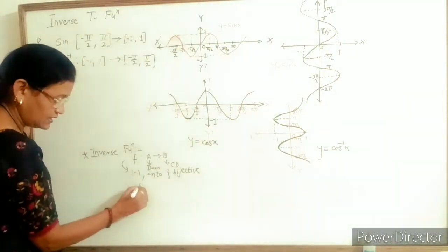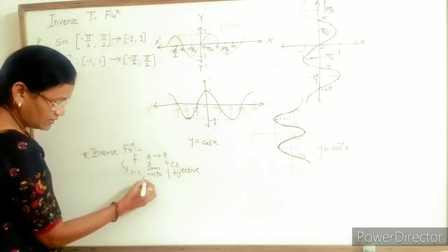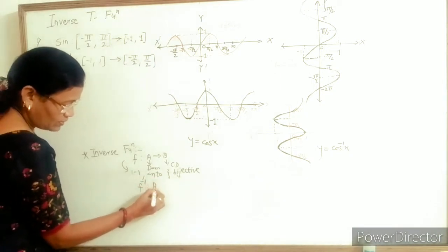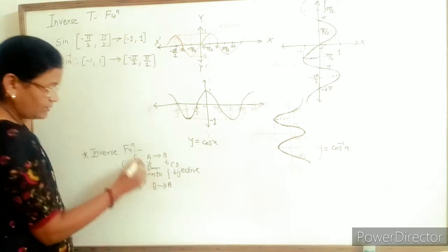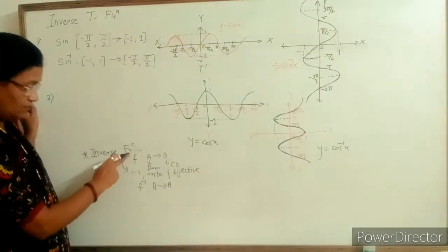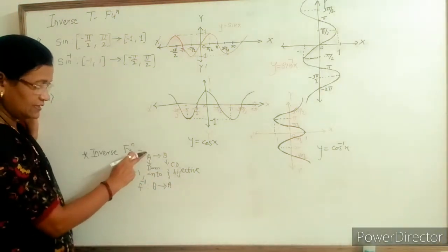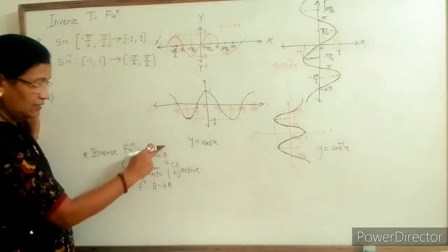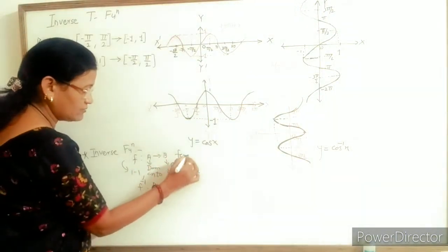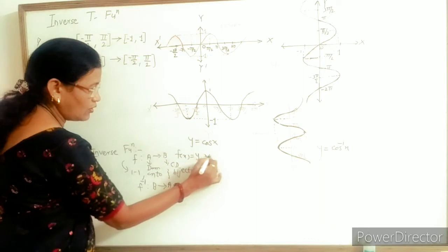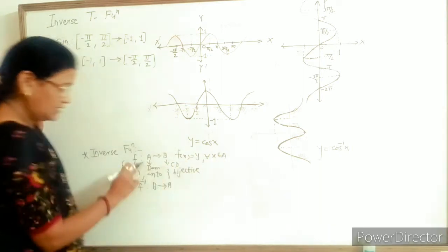Then we can define the inverse of the function, f inverse, from codomain to domain. For the simple function, domain set is A, codomain set is B, which can be defined as f(x) equal to y for all x belonging to domain set A.